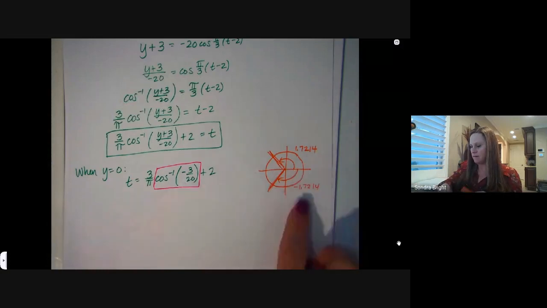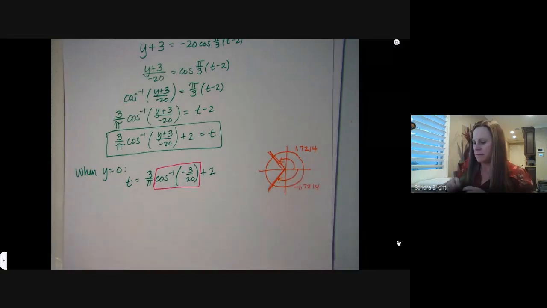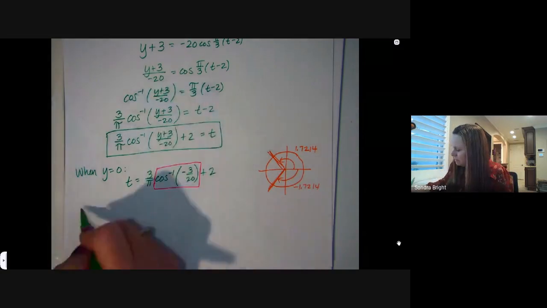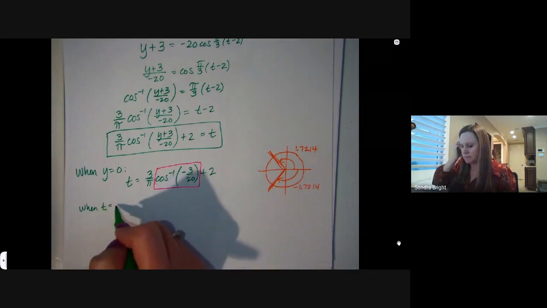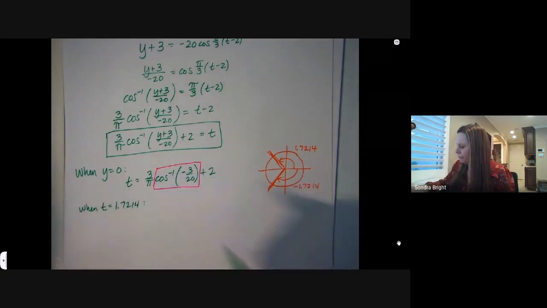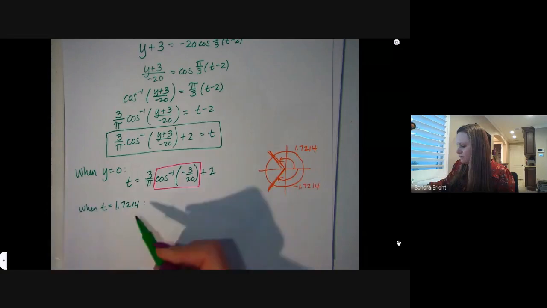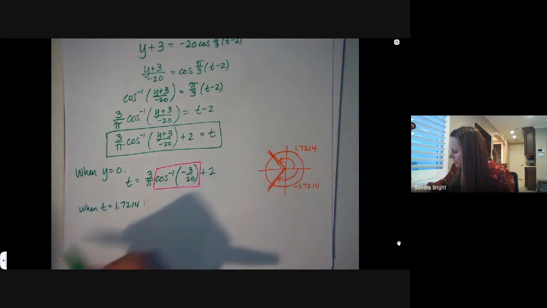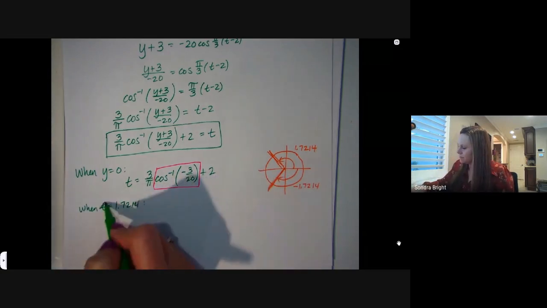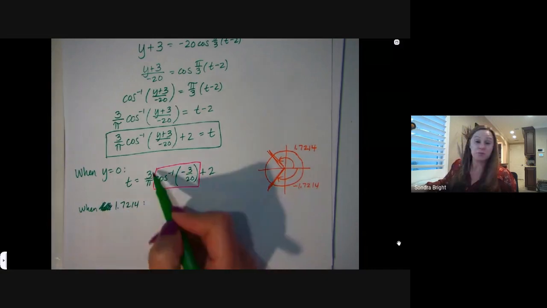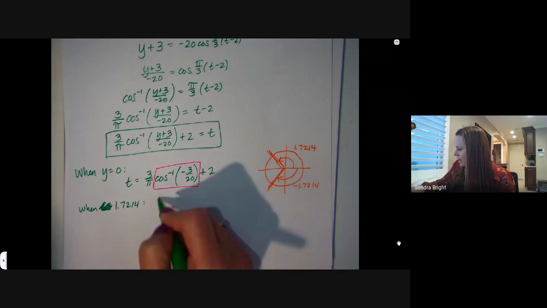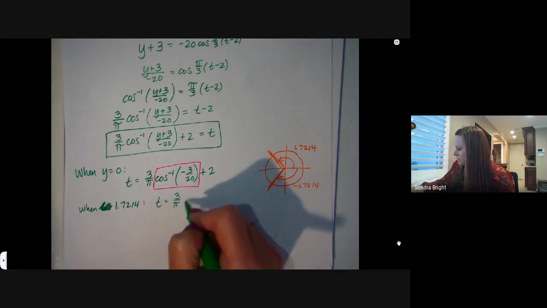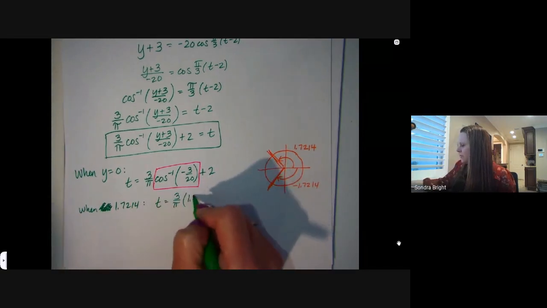So let's start when t is positive 1.7214. How about I cross that part out? When this pink rectangle is 1.7214, then t would be 3/pi times 1.7214, and then we're going to add 2 to it.